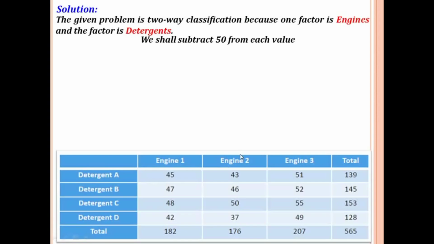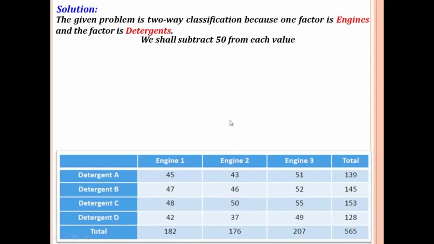My suggestion is that all of you should choose the subtract operator only. To choose this number, from the given data we see the least number is 37 and the highest number is 55. We can choose any number from 37 to 55, and we try to reduce two-digit numbers into single-digit numbers.